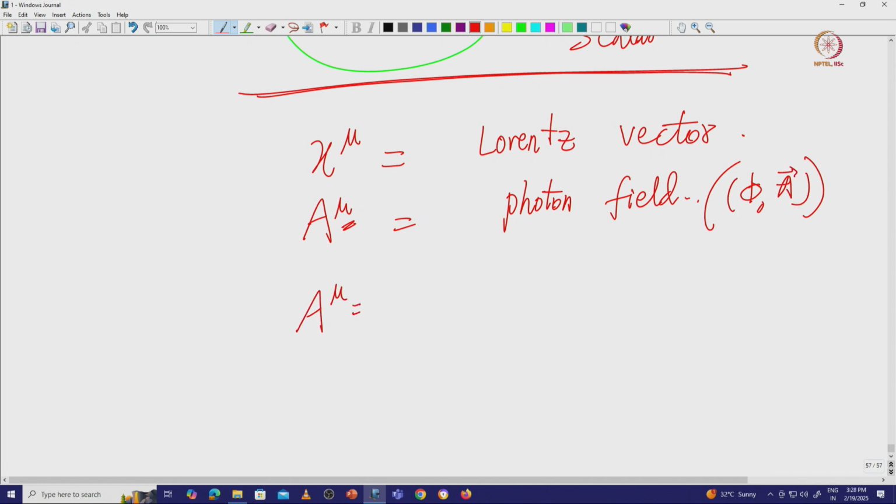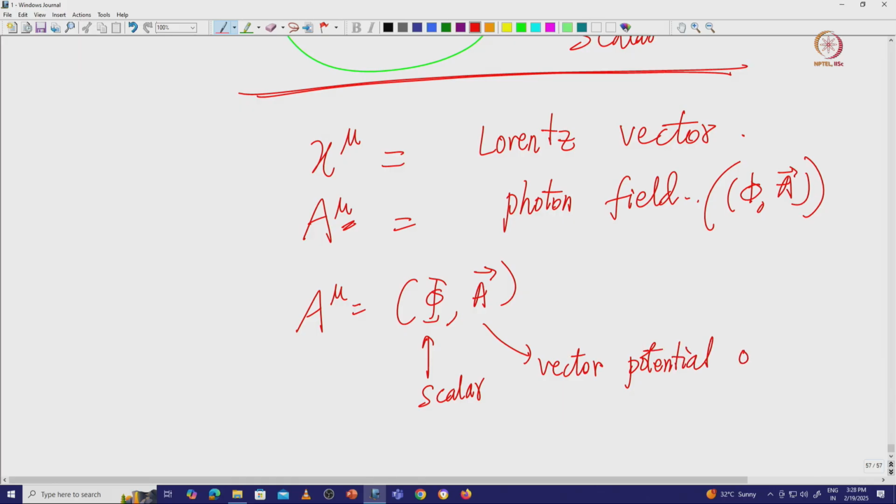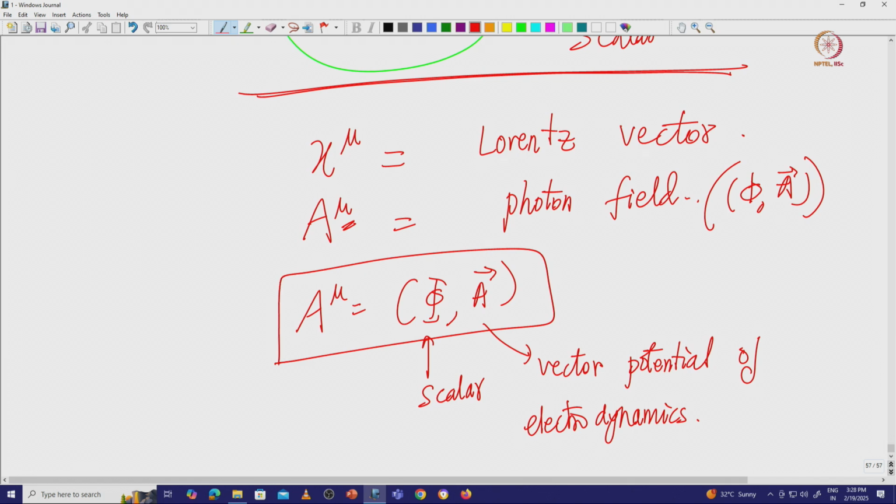A mu is equal to phi, the scalar potential, and the vector potential A of electrodynamics, which come together and form a vector. So, it is a 4-vector and this 4-vector is also a Lorentz vector, one more example essentially.